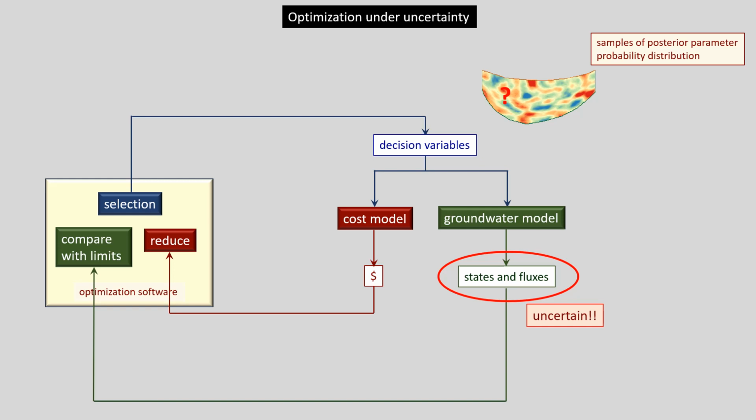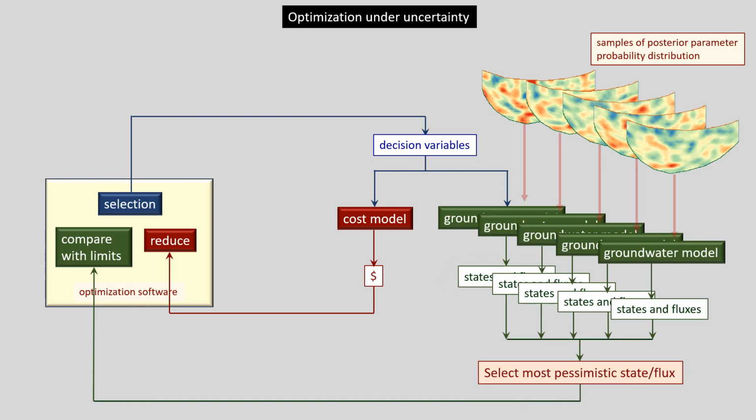So when we use the groundwater model to calculate the outcome of the choice of these decision variables, should we use this parameter field, which may be a sample of the posterior probability distribution of the hydraulic properties? Should we use this sample, this sample, this sample, this?